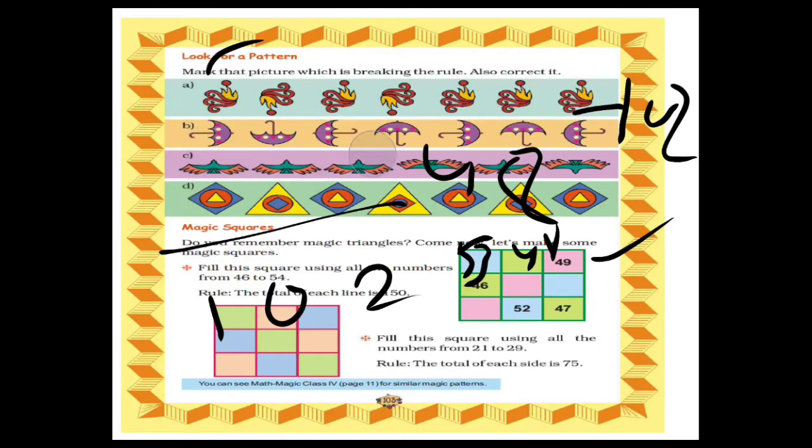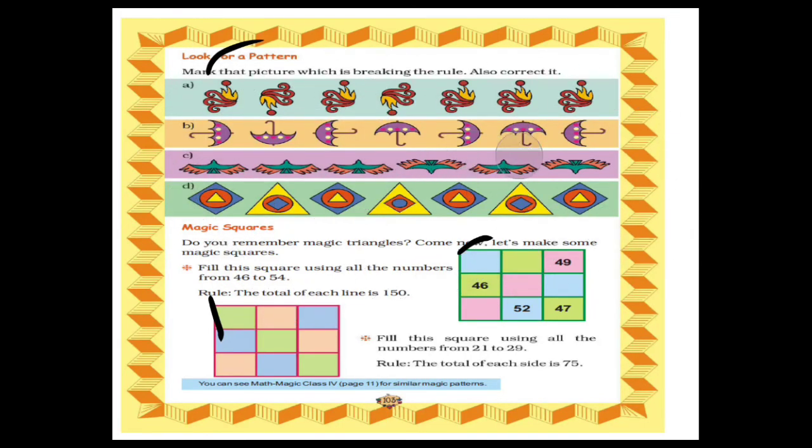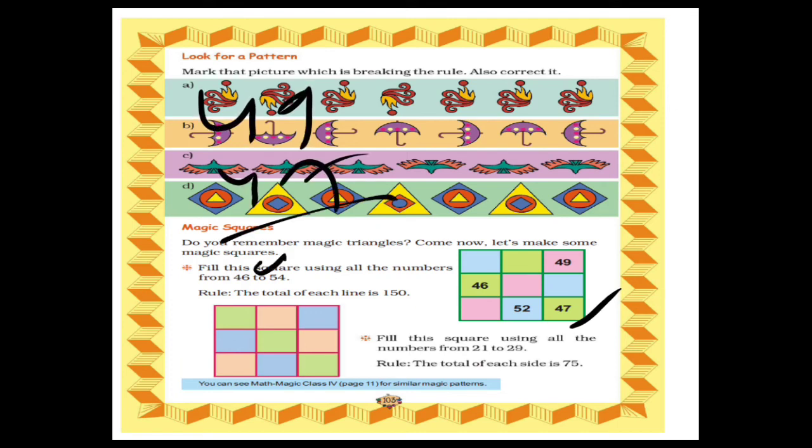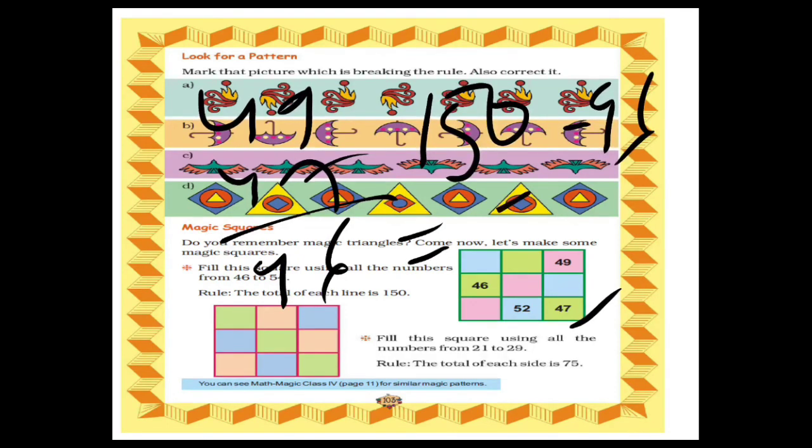Now let's see the next row, the last one, this one, right? What is given? 49 plus 47. 49 plus 47 will be equal to 96, and if you subtract 96 from 150, the answer will be 54. So in the middle one you will write 54, and the last one, that is this row.